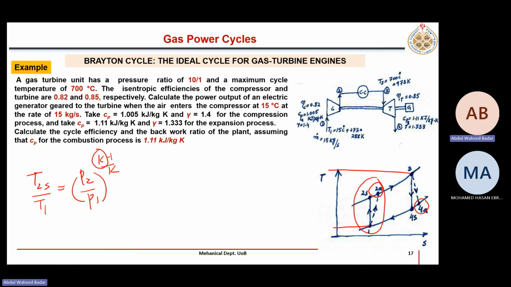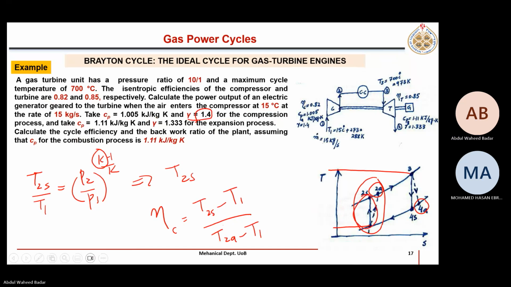Use k for compression, which is 1.4, and find T2S. Then the isentropic efficiency of the compressor is given by isentropic over actual. CP will cancel because we have the same CP, so from here we can find T2A.